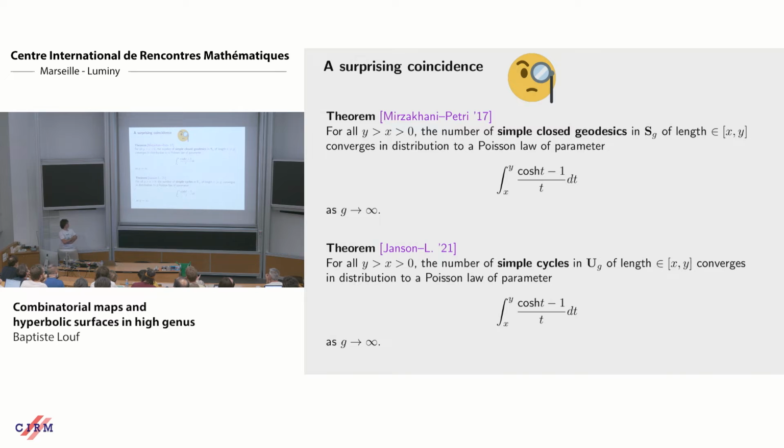It's very surprising because we get the same parameter. The fact that you get a Poisson law is not surprising at all. When you count curves, it's always the same, except when you have something very wild. But the fact that it's the same parameter, and that these are two models of high genus geometry that are also related by some other works, I don't know.